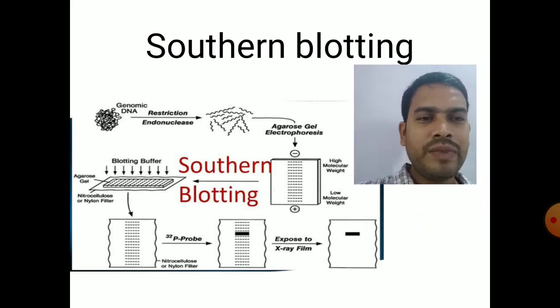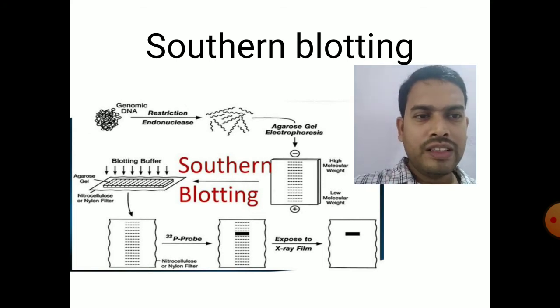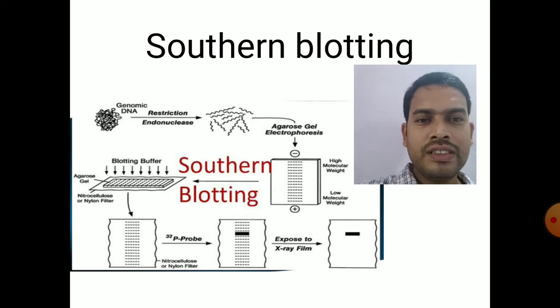Southern blotting, as I mentioned, is used for the identification of a DNA fragment of interest, which later can be used for sequencing. The first thing is that the entire genome of DNA is taken. You can watch it on the left side, and it is subjected to restriction endonucleases, where you get double-stranded DNA fragments.